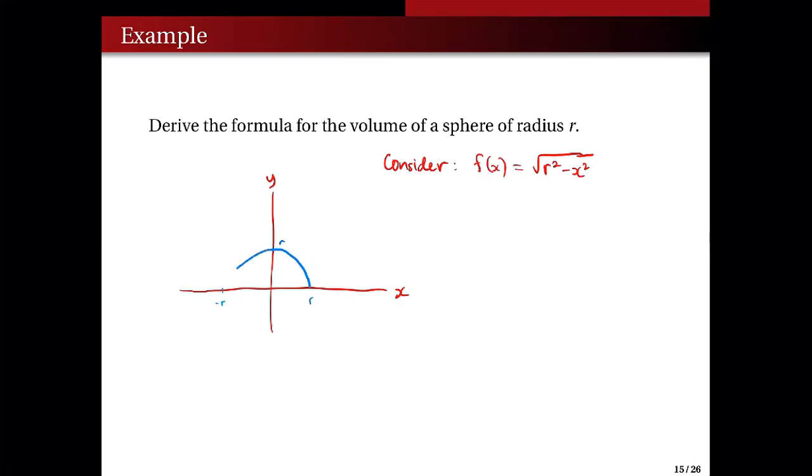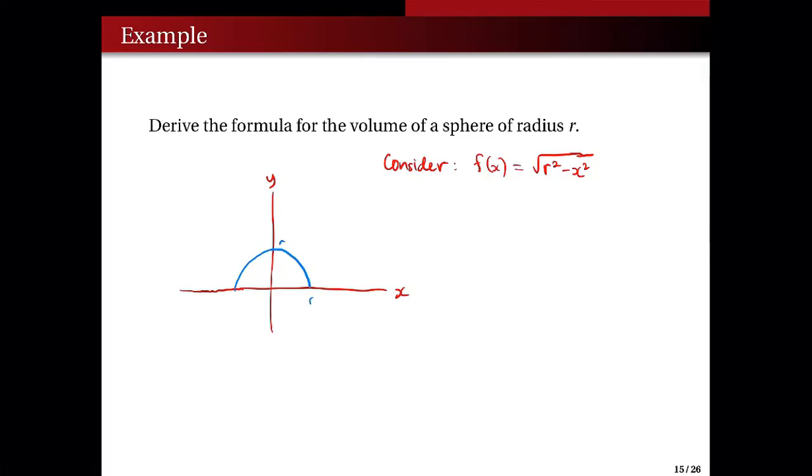So pretend that that's a semicircle. Let me just adjust. Maybe this will give us a better semicircle. Yeah, whatever. Pretend that it's a semicircle. Okay, consider f of x.